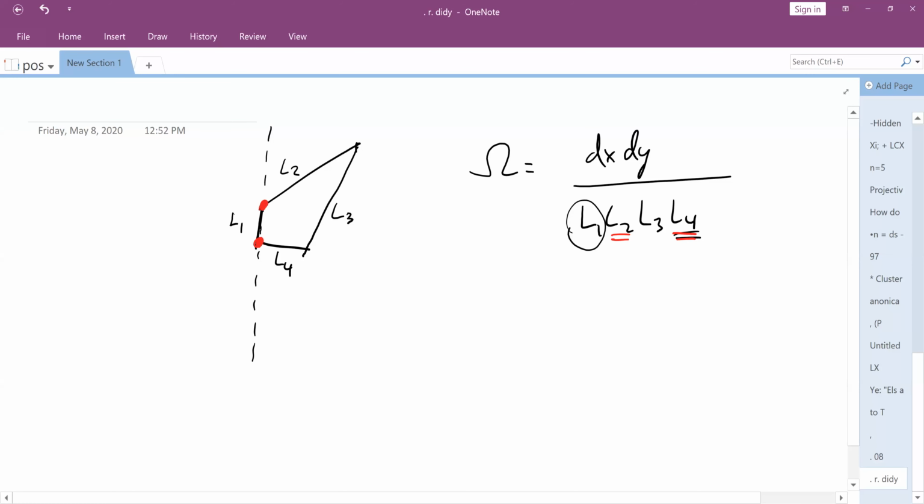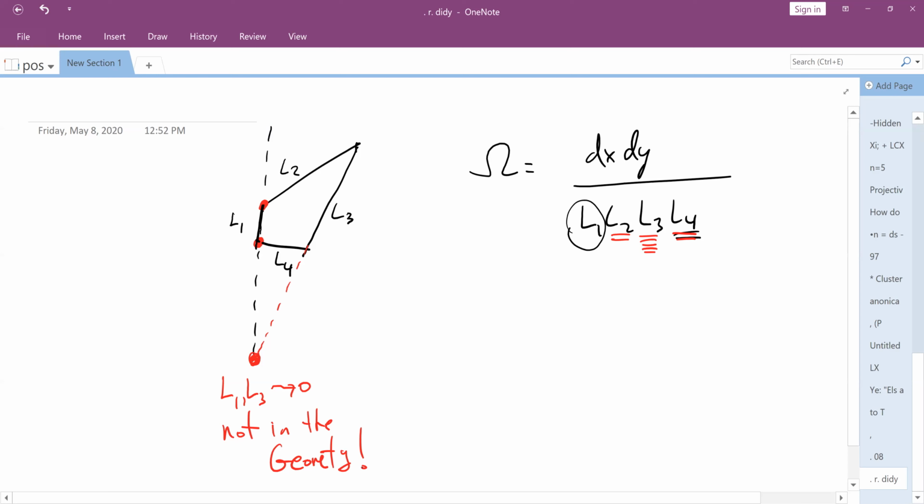That's this point. But the problem is that nothing stops me from also having a singularity where L3 goes to 0, and that's this bad point out here. This is where L1 and L3 go to 0, and this is not in the geometry.